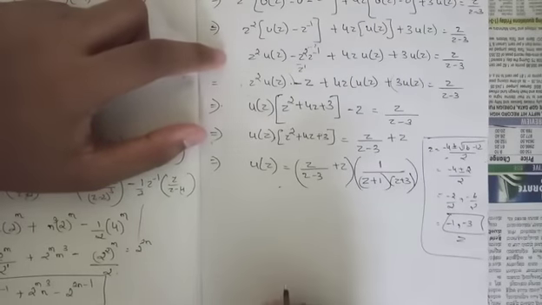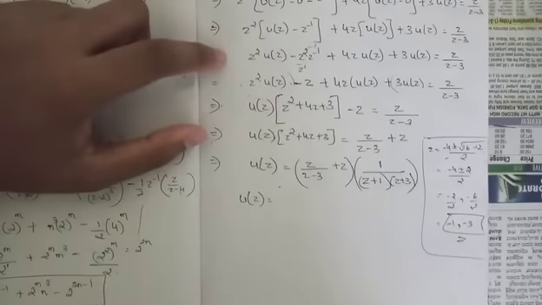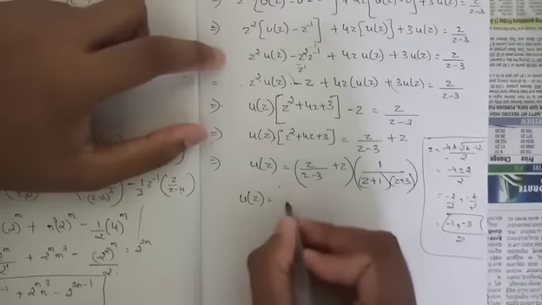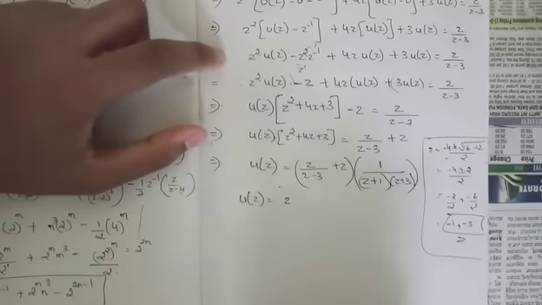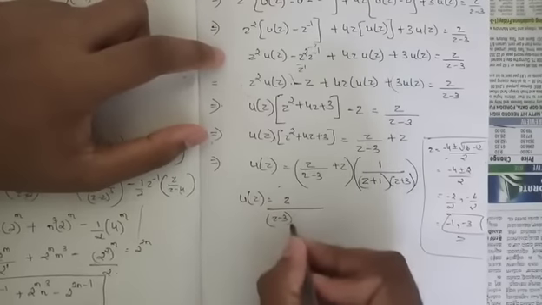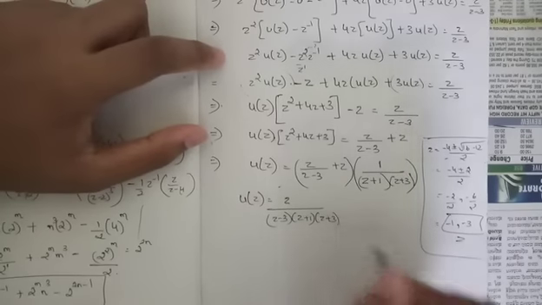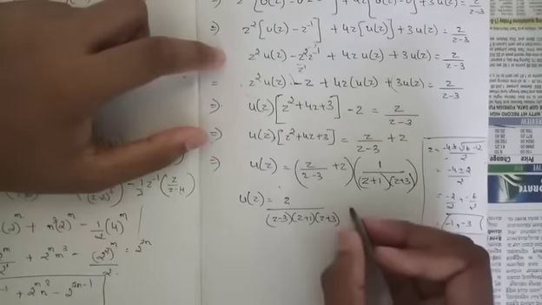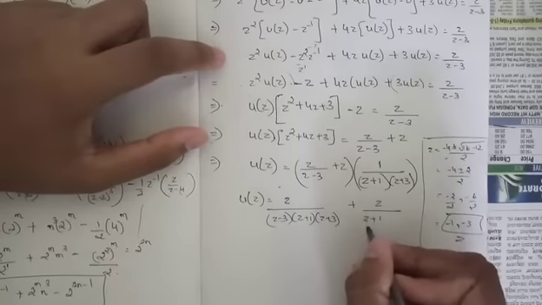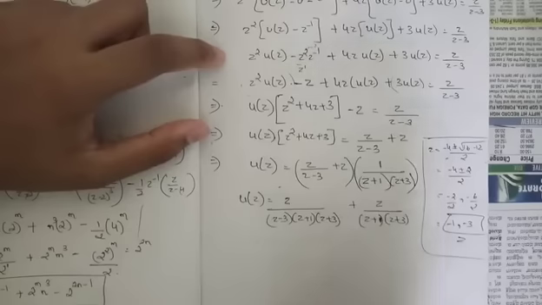Okay, that is u of z is equal to, so write it, z by z minus 3 into z plus 1 into z plus 3, plus z by z plus 1 into z plus 3. This we have got by taking the LCM.